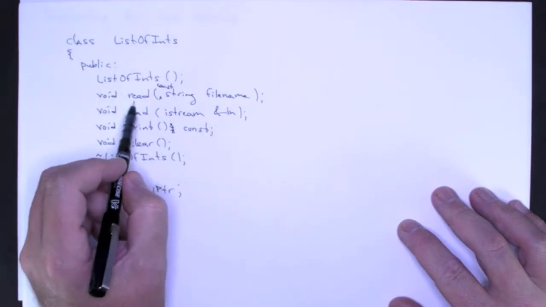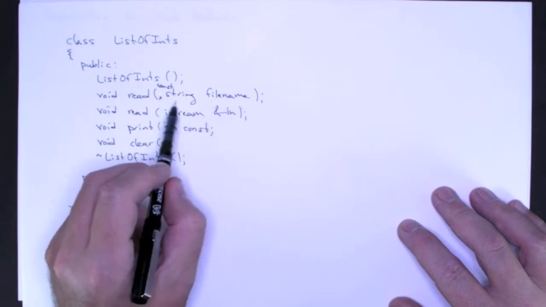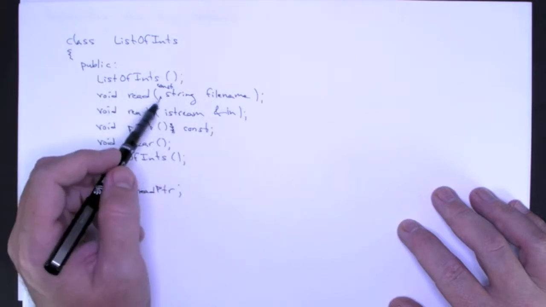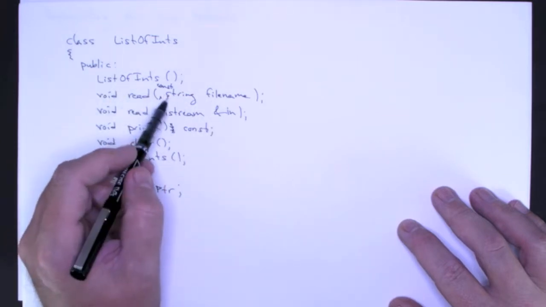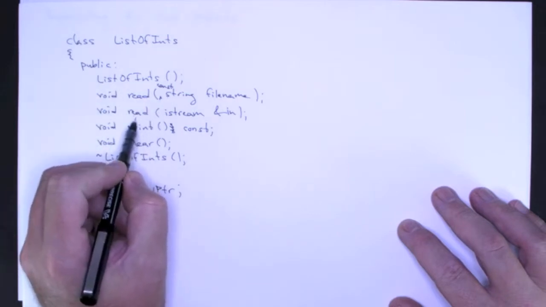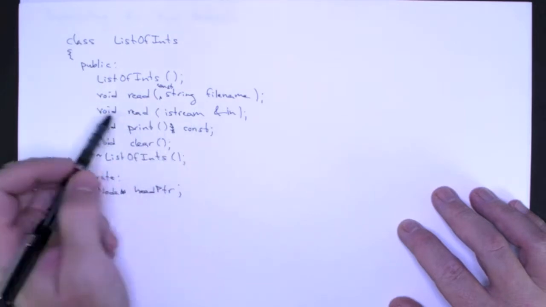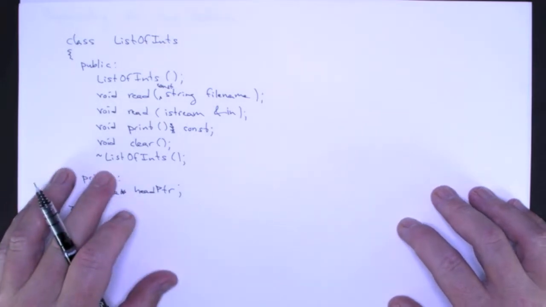What this read method with the string argument is going to do is open an input stream, and once it does that, I can just call the second read method that takes the iStream as the argument.